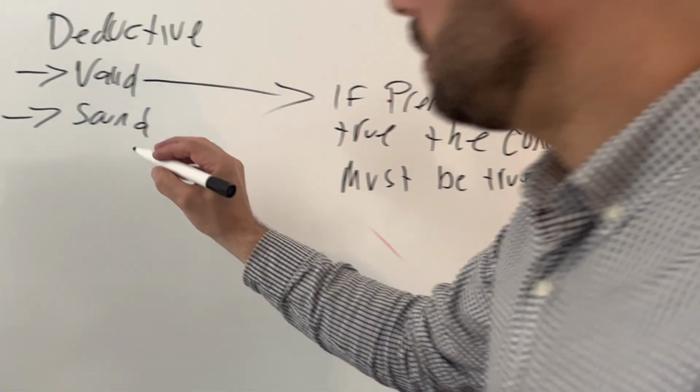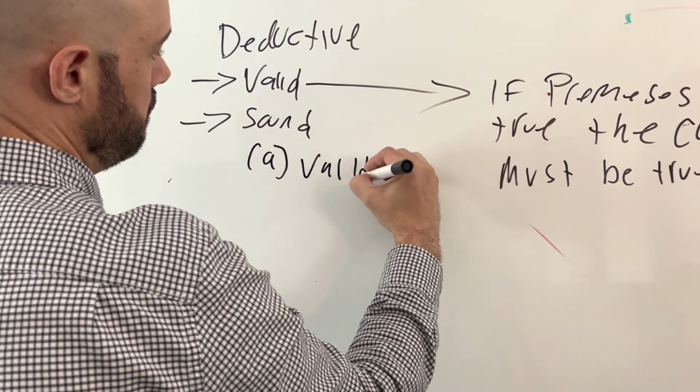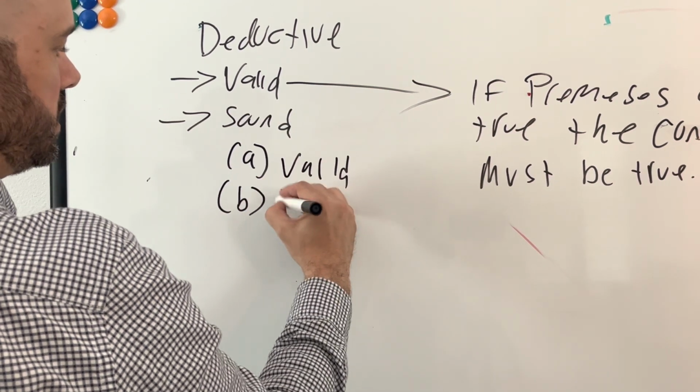And then a sound argument is an argument that is valid and one that has true premises.